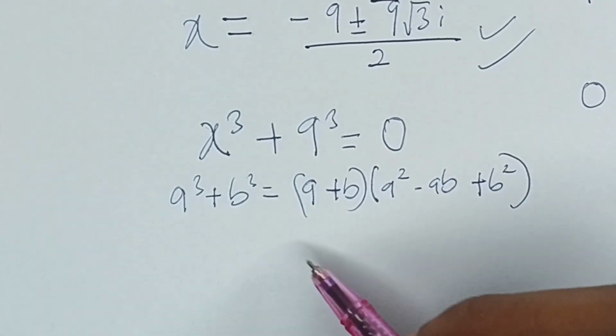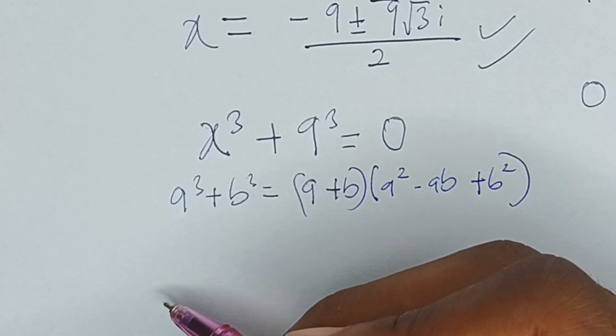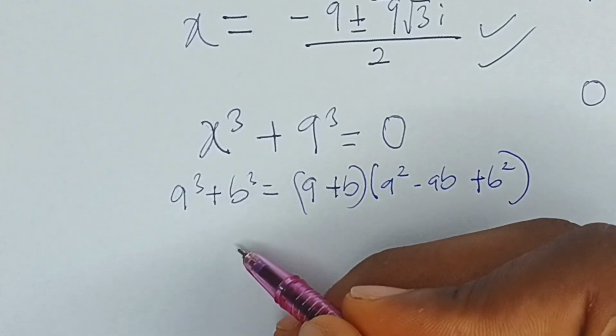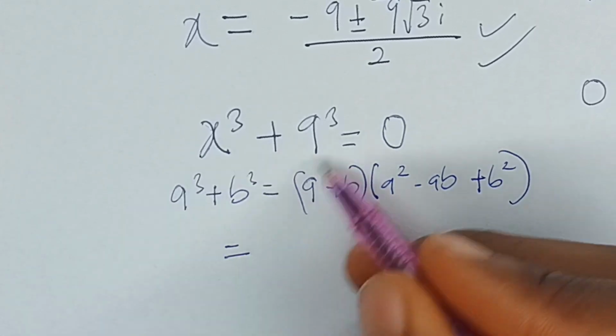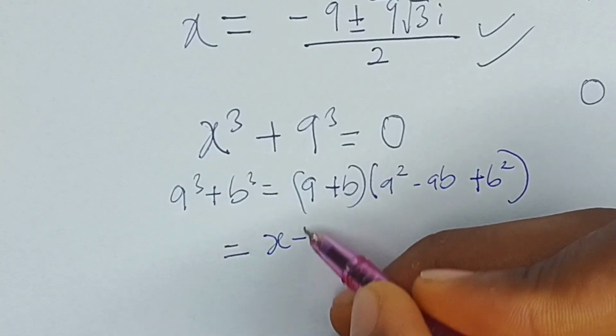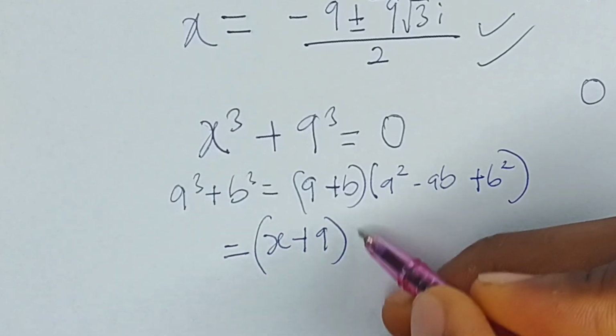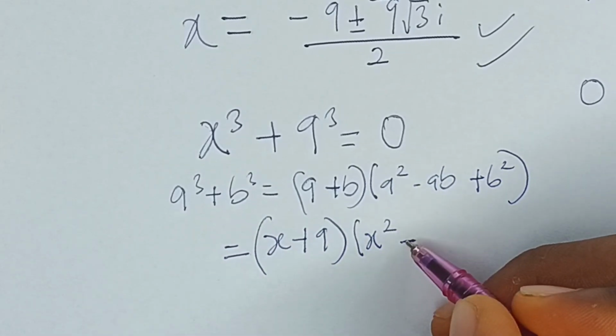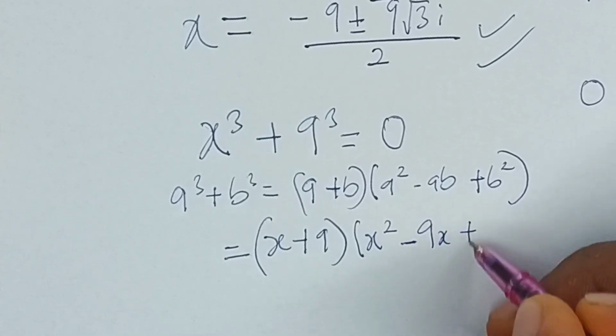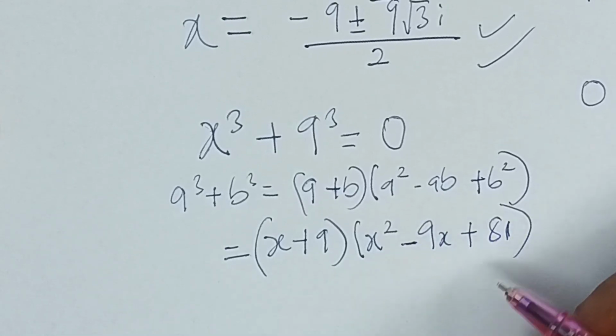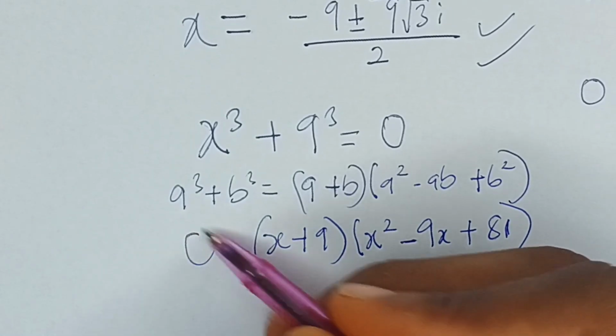So this becomes x plus 9 multiplied by x squared minus 9x plus 81, and this is equal to 0.